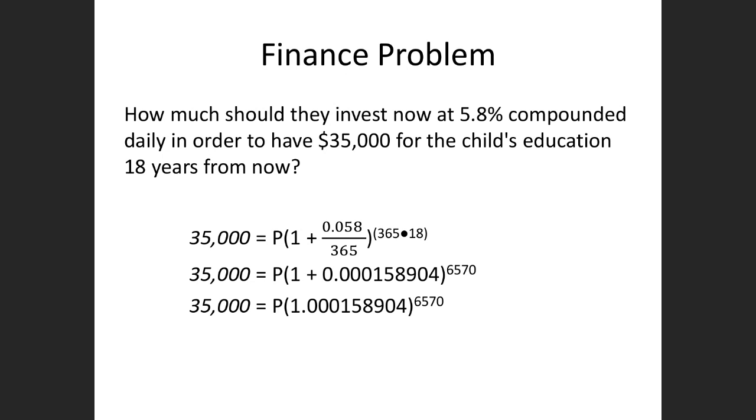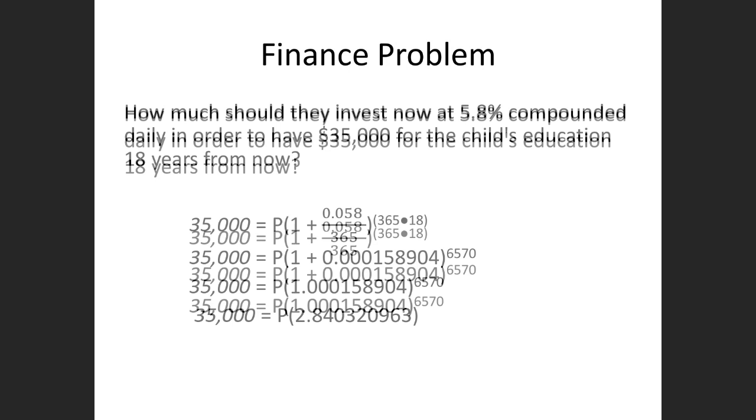So when you're doing these problems on your own, you don't ever want to round until the end. Don't round as you go, because then your answers are going to be way off. You always want to use all the numbers that your calculator is giving you and not round until the end.